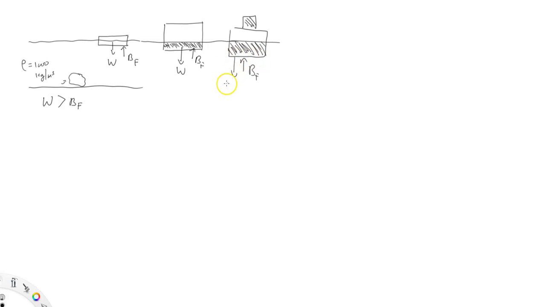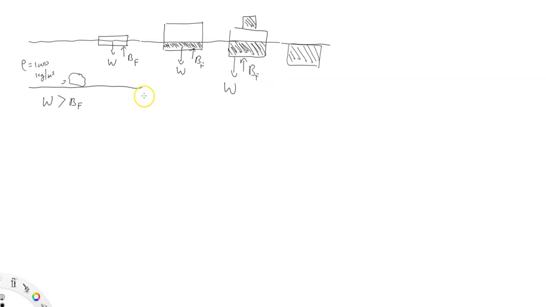But still the weight is being supported by buoyant force. Sometimes heavy objects can float right at the surface. Still buoyant force and weight are equal. In this case the entire volume needs to be displaced because you need more water to create more buoyant force. Alright, so there are different scenarios of floating.